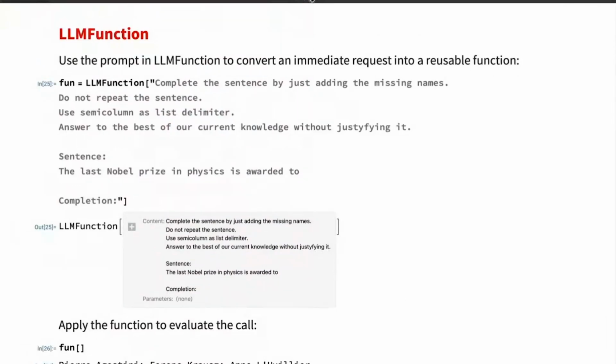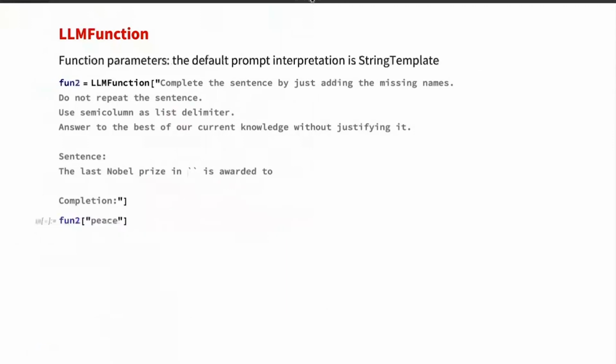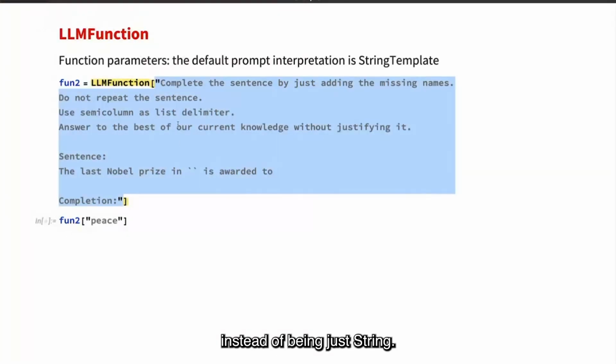And if this is a bit meh at this point, what's the point of using the function rather than LLMSynthesize? The answer is the function parameter: the default prompt interpretation in LLMFunction is a string template instead of just a string.